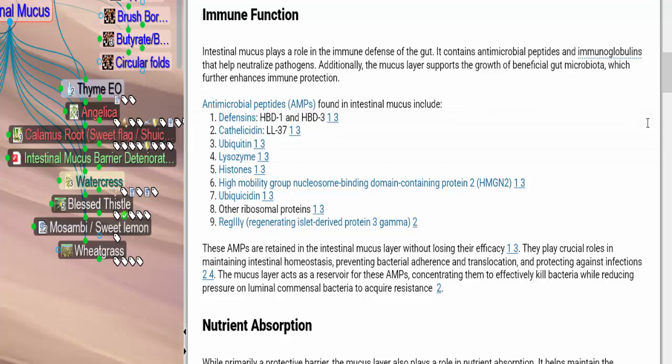They're retained in the intestinal mucus layer without losing their efficacy, and they play crucial roles in maintaining intestinal homeostasis, preventing bacterial adherence and translocation, and protecting against infections. The mucus layer acts as a reservoir for these AMPs, concentrating them to effectively kill bacteria while reducing pressure on the luminal commensal bacteria. Now, that just means our beneficial gut microbiome, to require resistance.